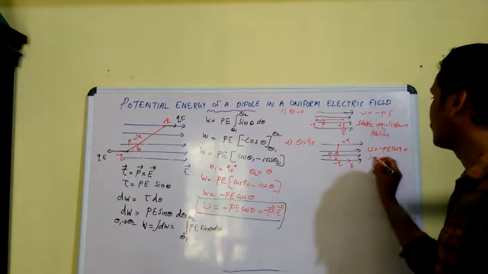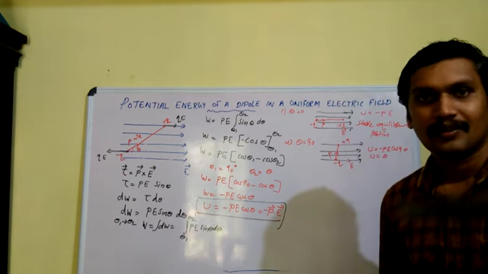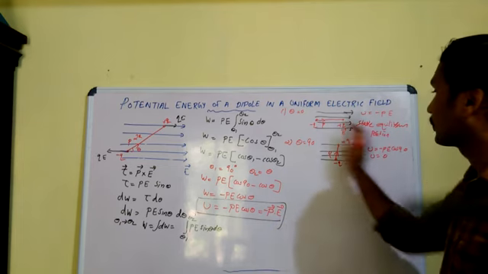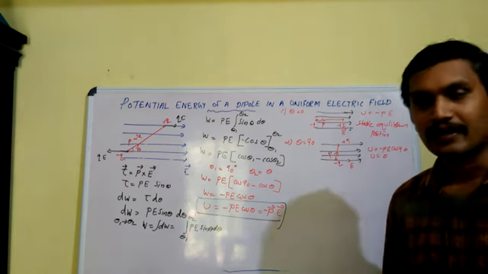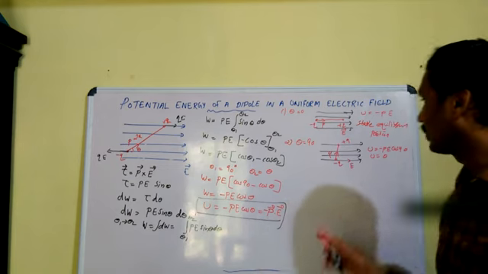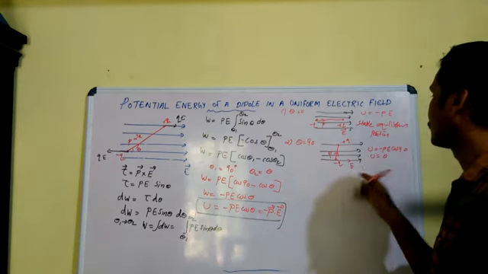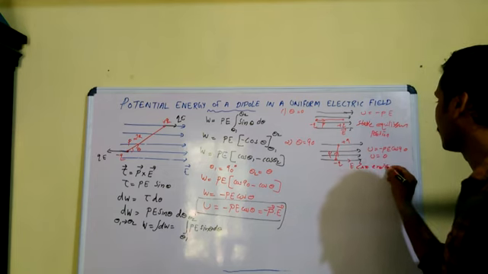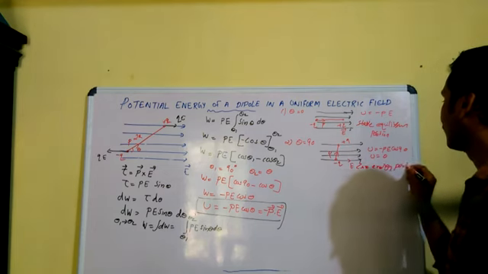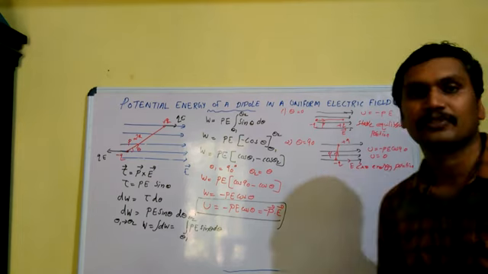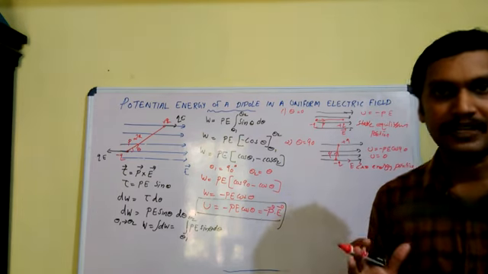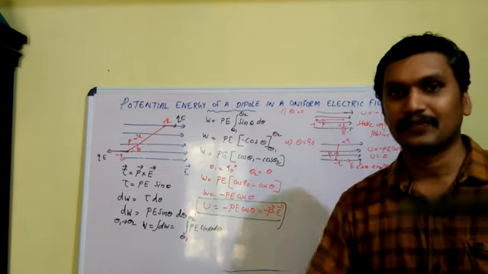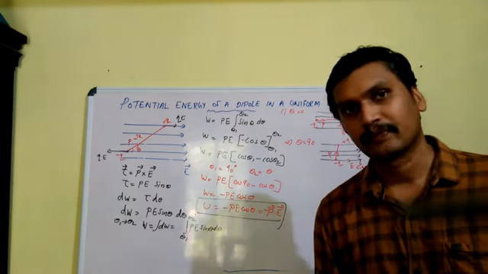Cos 90 is 0, so U is equal to 0. The potential energy of the electric dipole is 0 at this position. We call this the zero energy position of the dipole. If the dipole is perpendicular to the electric field, its potential energy is 0.